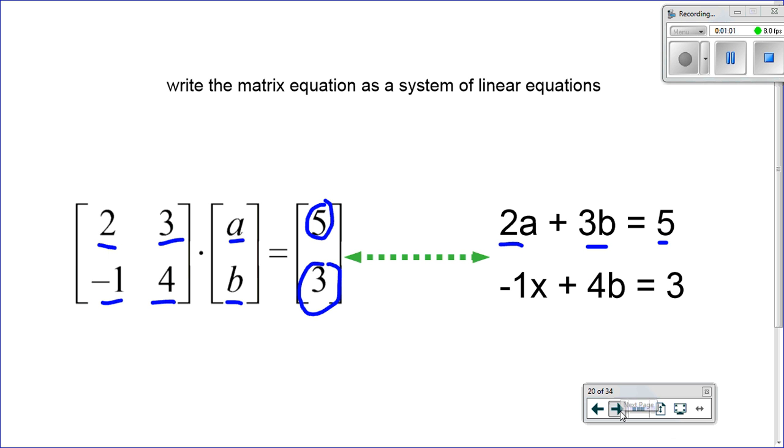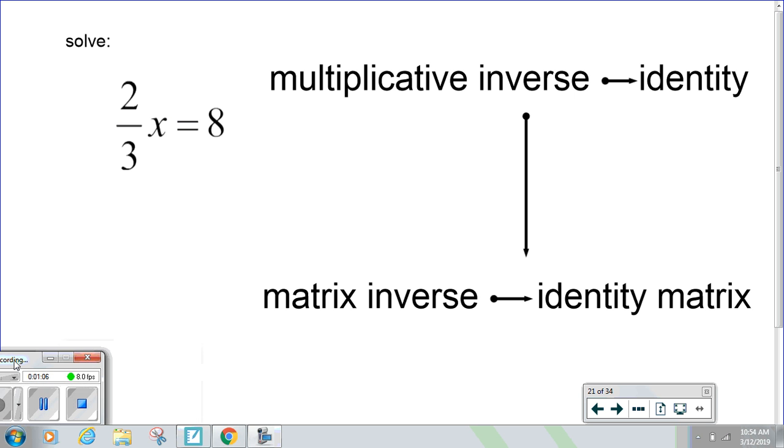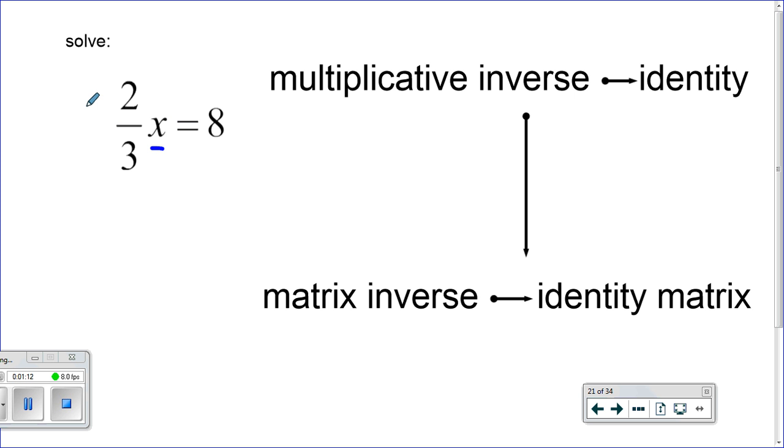And so moving on, remember that when we solve just a regular old equation, so a pretty simple equation up here, and we're going to solve this for x, what do we need to do? Well, we're going to need to multiply this by its reciprocal or its multiplicative inverse. Right? I would want to multiply that by 3/2 in order to undo that 2/3. Which means I'd also have to multiply this by 3/2.